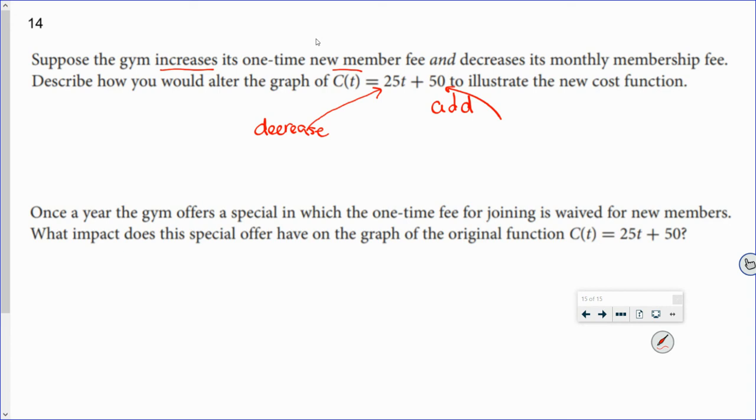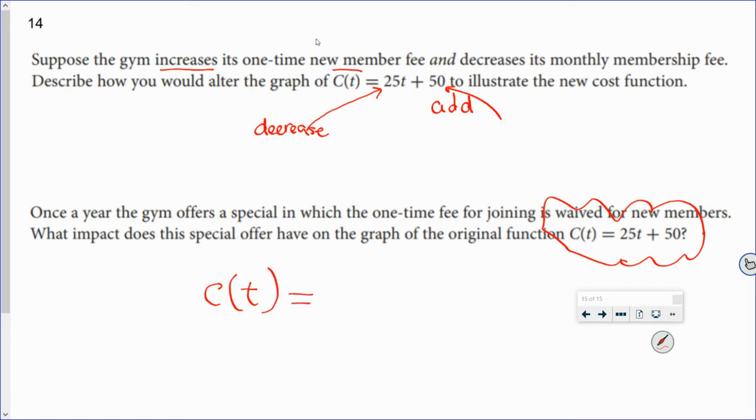Once a year, the gym offers a special in which the one-time fee for joining is waived. We don't charge that. What impact would that have on the graph? Can anybody tell me that answer? Here's the graph, right? C of t equals 25t plus 50, and I waive the one-time fee. What does the new function look like?